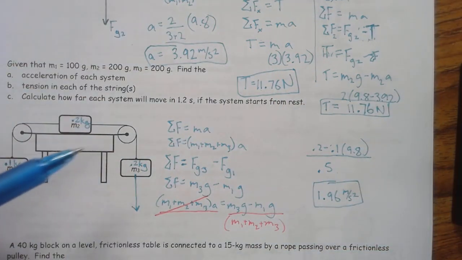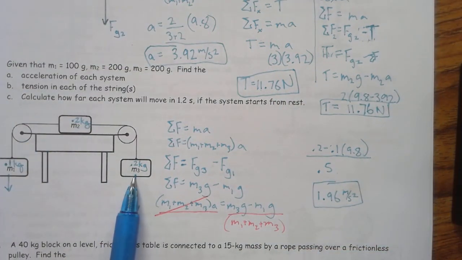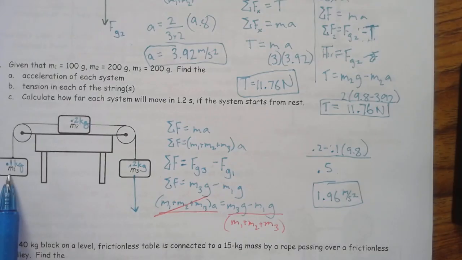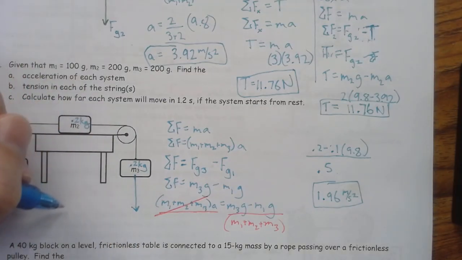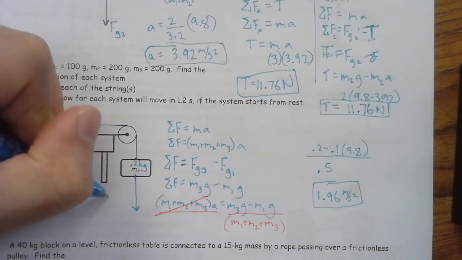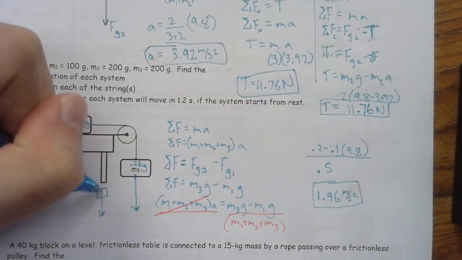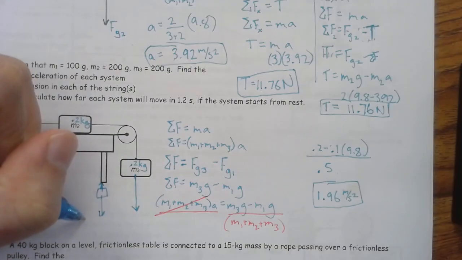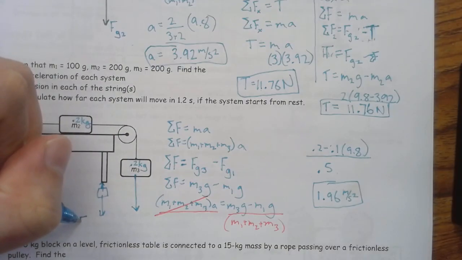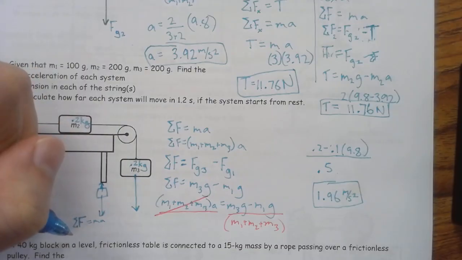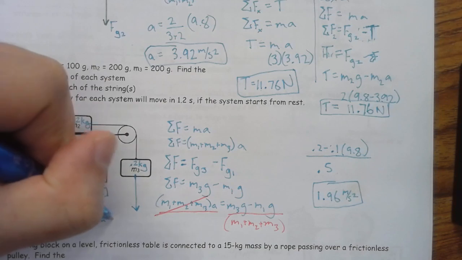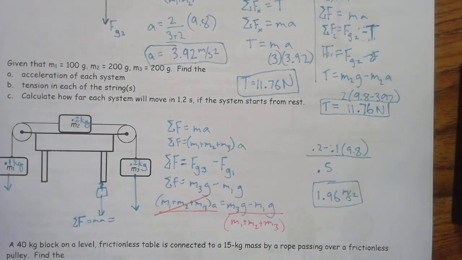To find the tension in the two strings, I would look at M3's diagram and M1's diagram. And this is moving down with gravity. Let me see. If I just had this box going down and up, I know my force equals MA. And I know that my net force is also equal to gravity minus tension.